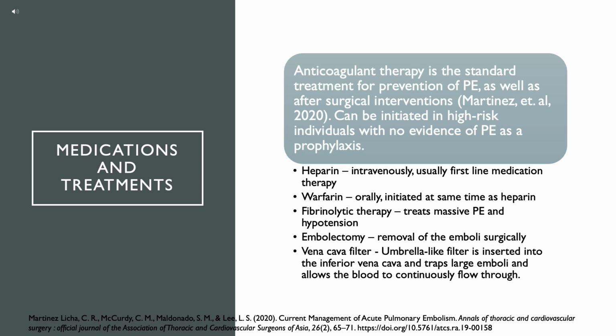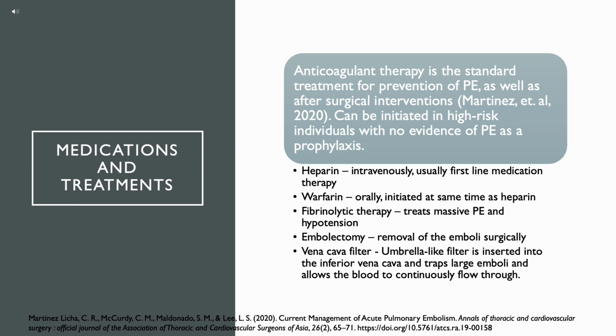And then a vena cava filter is also another intervention, and what they do is they put a filter that looks like an umbrella, and it's inserted into the inferior vena cava, and this is done whenever there are DVTs.